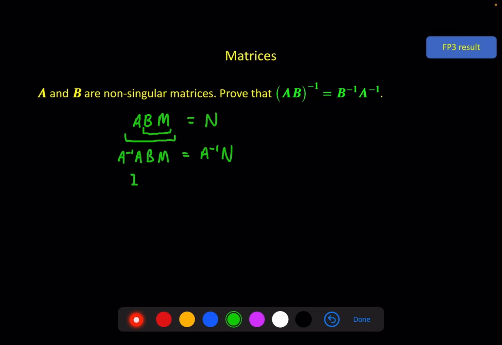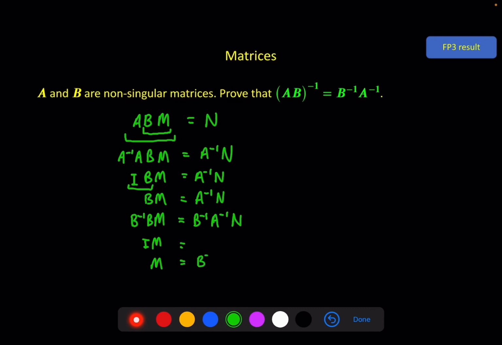And then here it becomes I B M, and here it stays on the left of the N. And then of course I times B, this just becomes B. Then I can do the same thing with the inverse of B on the left of the inverse of A here. That becomes I M, which of course just equals M, like so.